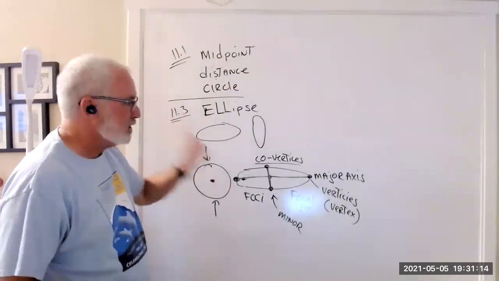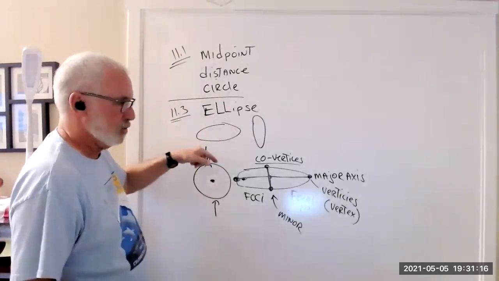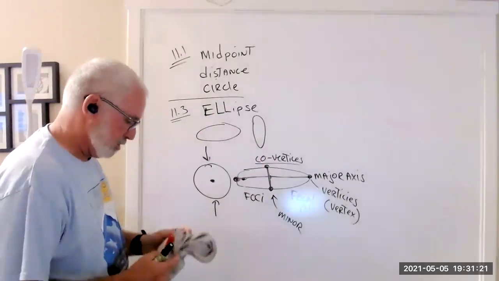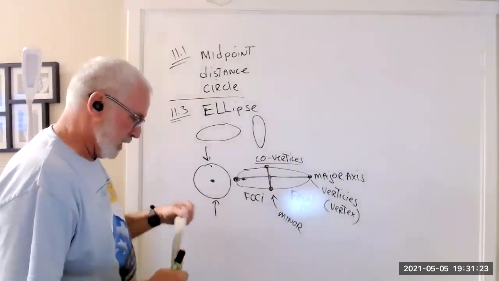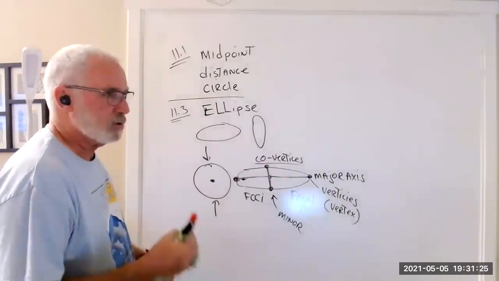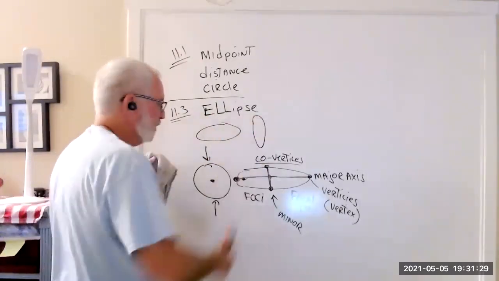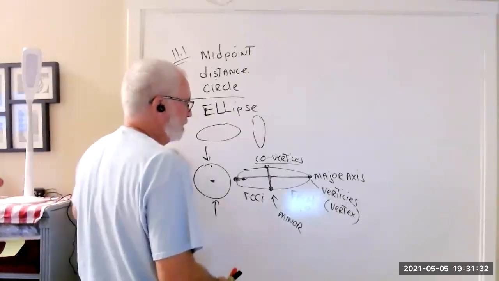So an ellipse is related to a circle. Can I erase this drawing? Yes. It's not critical. Maybe the vocabulary is a little bit, but this drawing is not.